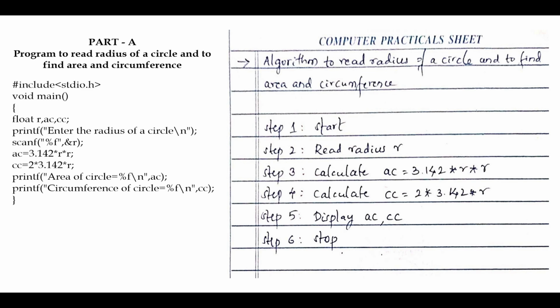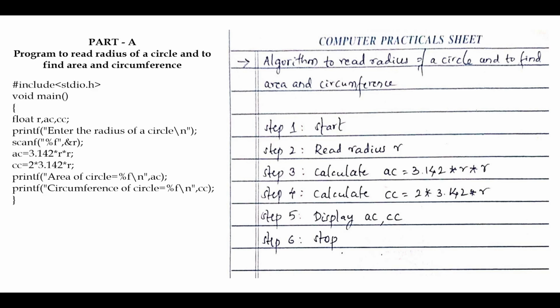Here, to start the algorithm, we must use the start step. Step 1 is always start, and in step 2 we read the radius, which is stored in r. Once we have the radius, we can directly calculate the area of the circle, and we calculate the circumference using the 2 pi r formula.